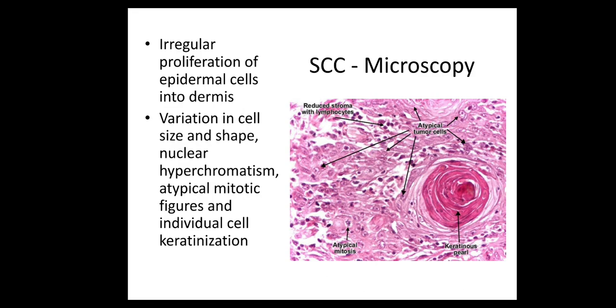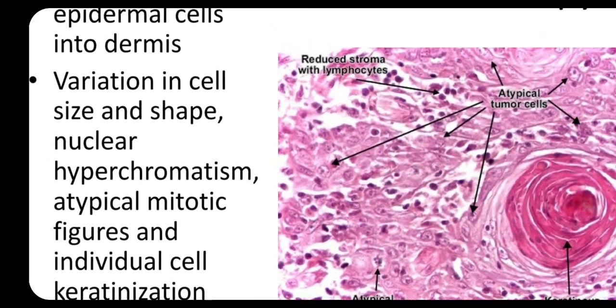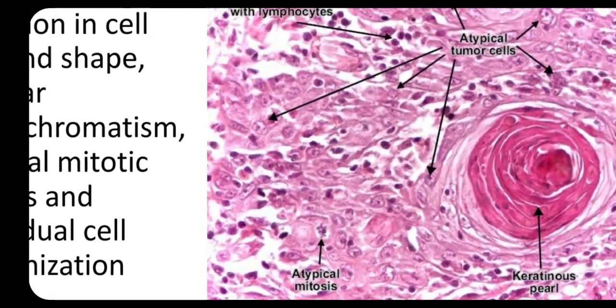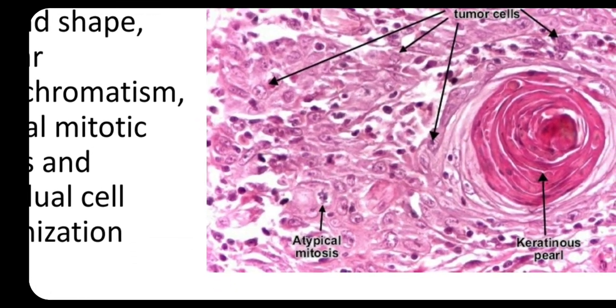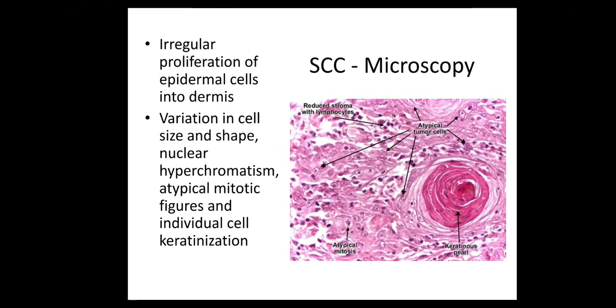So they will have variation in the size and shape of the cell, anisocytosis, then hyperchromasia, atypical mitosis. So this is atypical mitosis. If you can appreciate, this is the mitosis, not regular but an irregular form of mitosis.